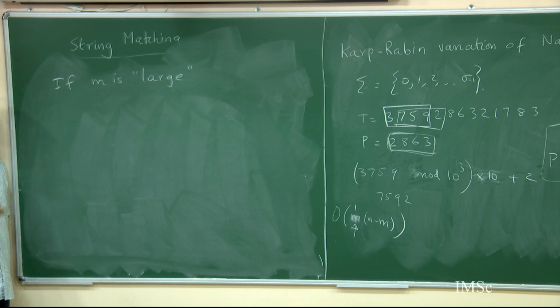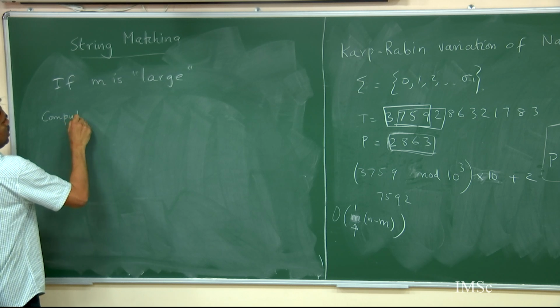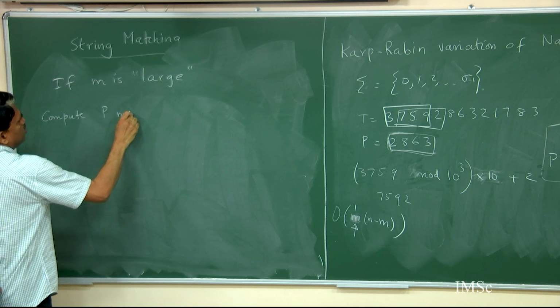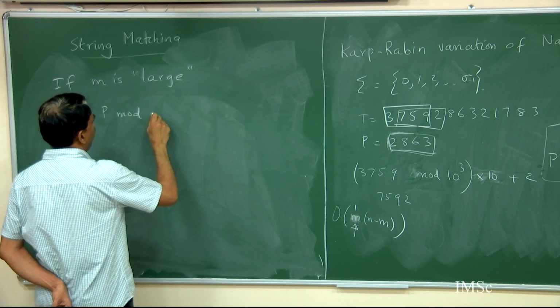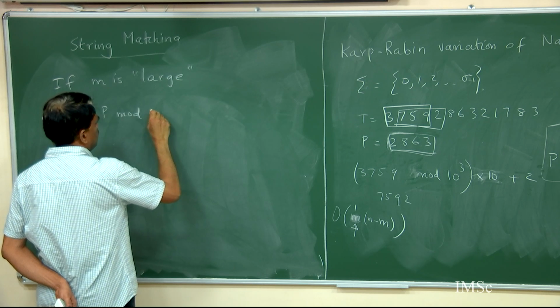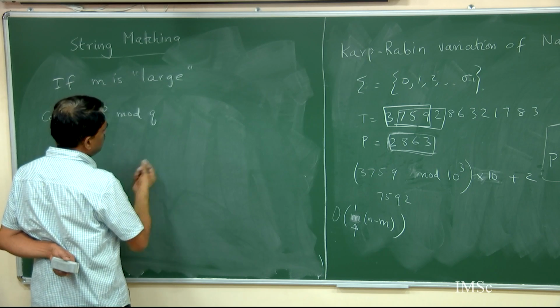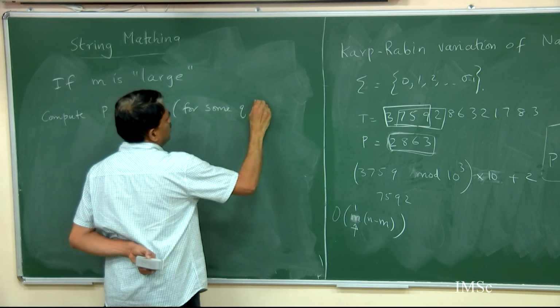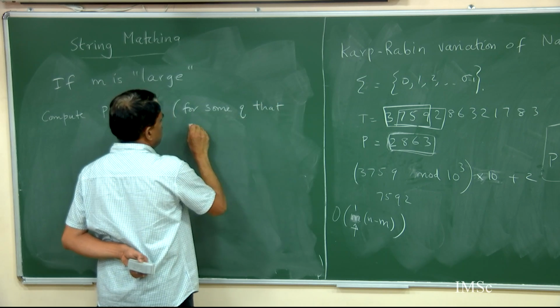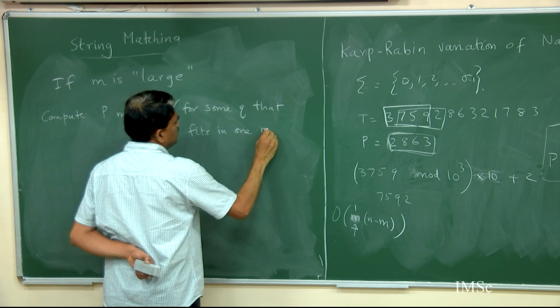If it is very large, then what you do is you compute P mod Q for some Q that fits in one machine word, okay.